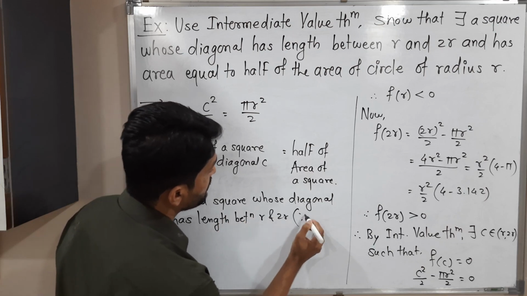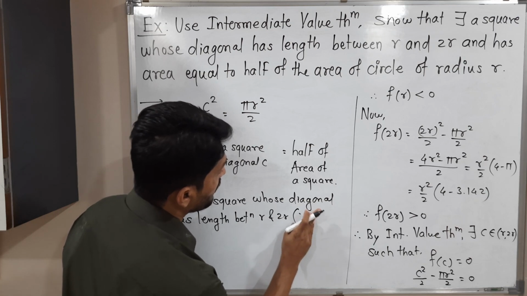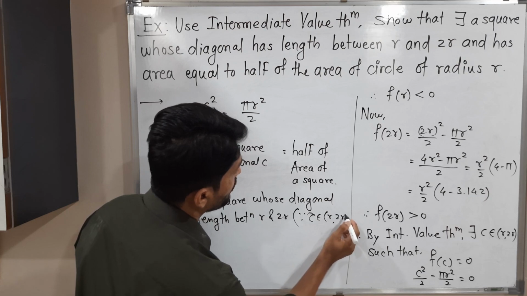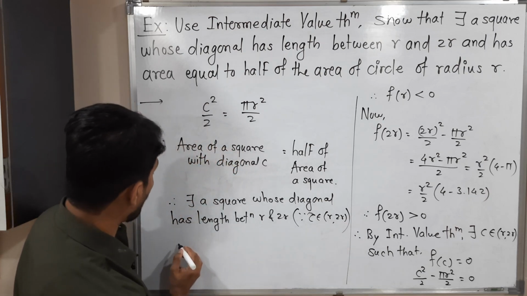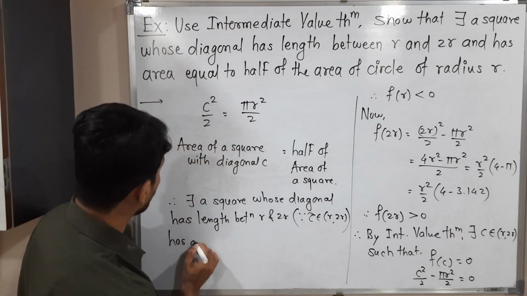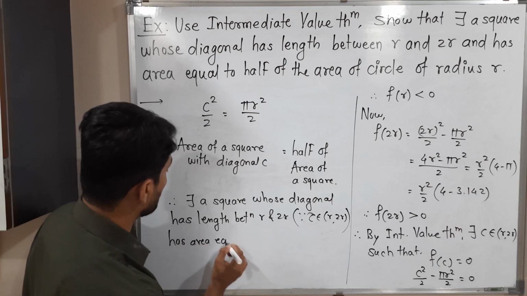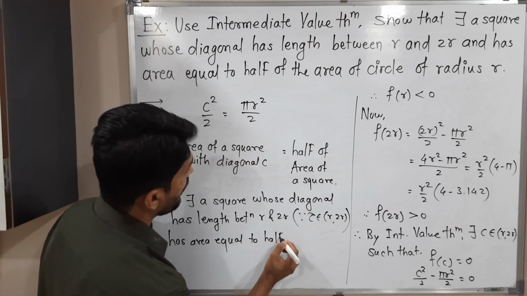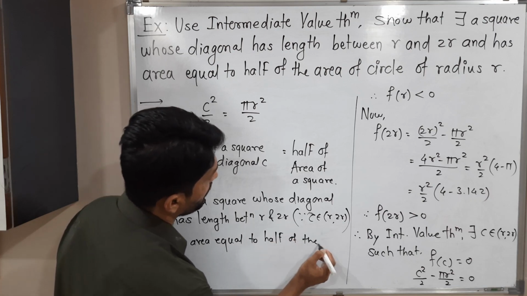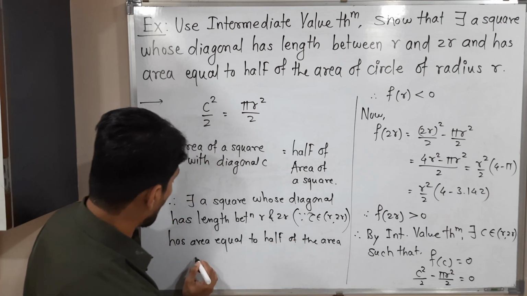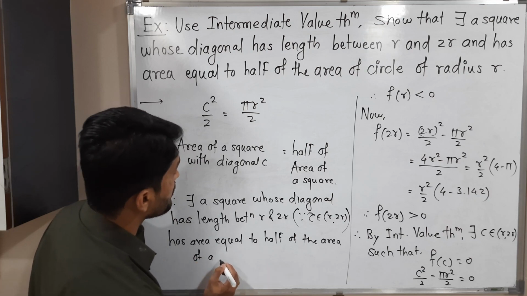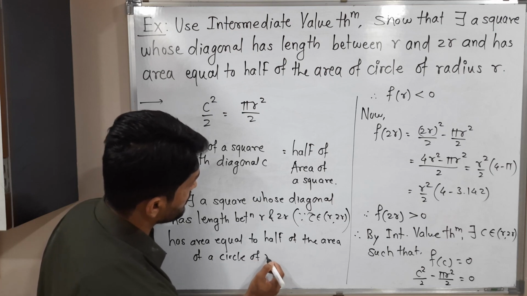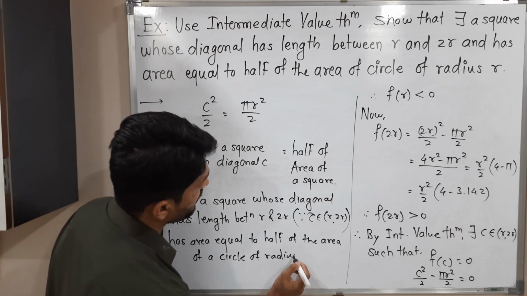Let me mention the reason, because our c, diagonal c, belongs to that interval r comma 2r, has area equal to half of the area of a circle of radius r. Same statement I have written.